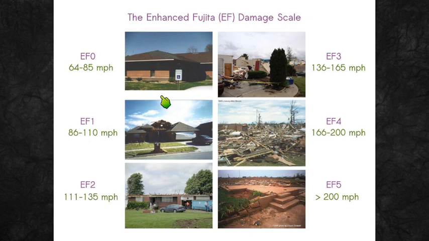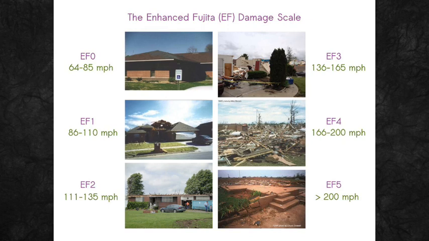You step up to the EF1s, and the EF1s will start to produce some damage to things like windows and doors, and they'll also do more significant damage to the roof. Step up to EF2s. EF2s can do quite significant damage to buildings, tearing off roofs and things like that. At EF2, I think that's where you can start to lift a car a little bit associated with the tornado.